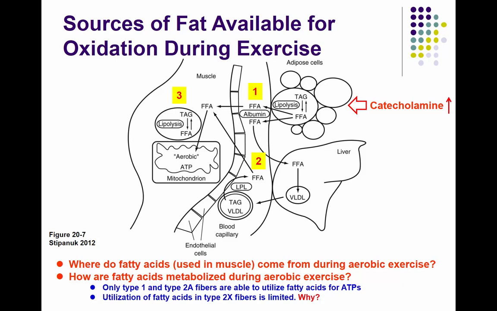But during long-term marathon-type exercise, remember we also mentioned the type 2 fibers are also involved, right, in the later stage. So during the marathon, although it's not the most important fiber for this type of exercise, it may be involved a little bit. So during marathon exercise, the type 2 fibers may utilize a little bit of fatty acids, but, like you said, at a very slow rate, right?